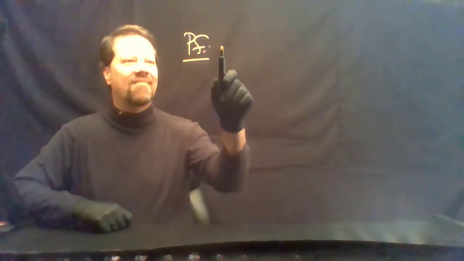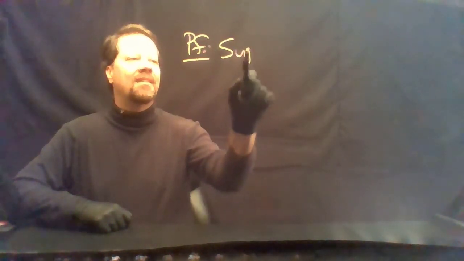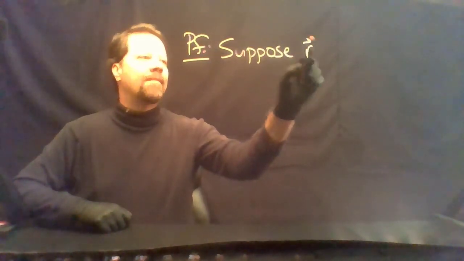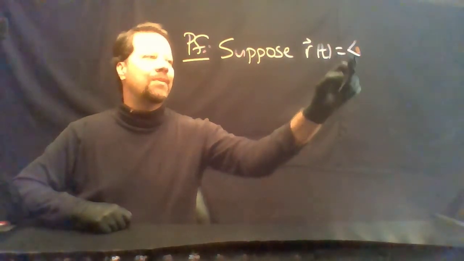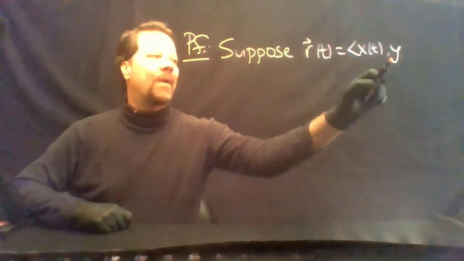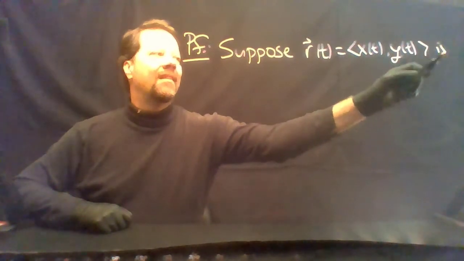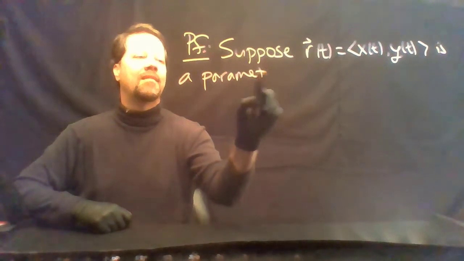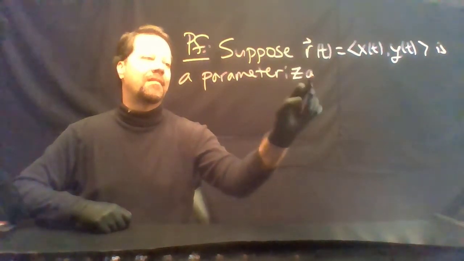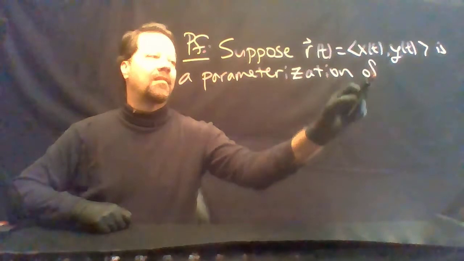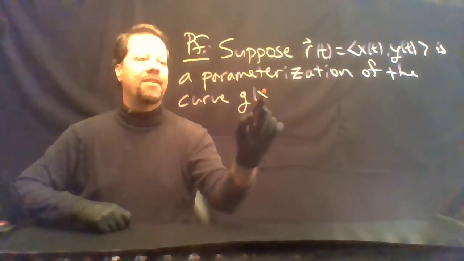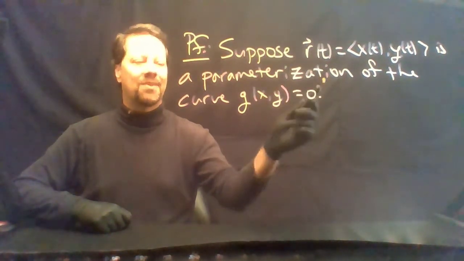Let's prove this Lagrange multiplier theorem. Suppose r of t equals x of t, y of t is a parameterization of the curve g of x, y equals 0.